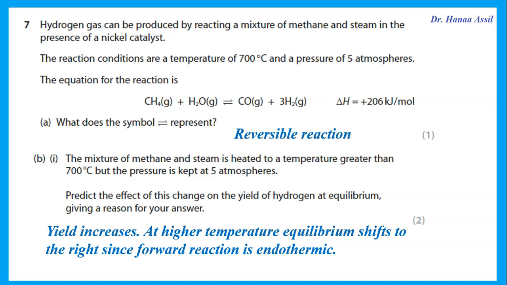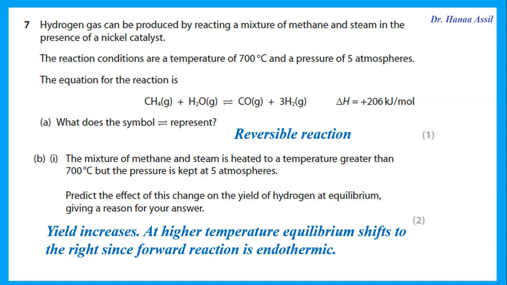Remember, the question says predict the effect and give a reason. So we are saying, first of all, what are they doing? They're increasing temperature. I should know that always increasing temperature, reaction goes to the endothermic side. Which one here is endo? The forward.